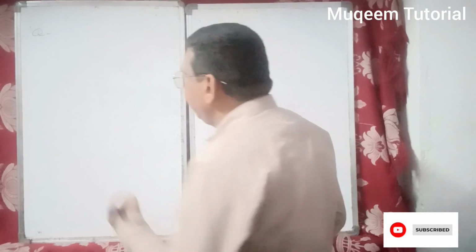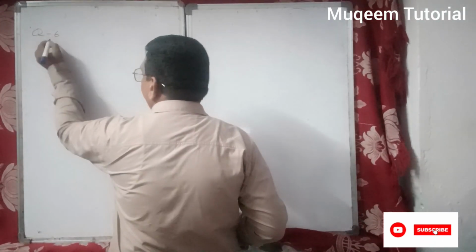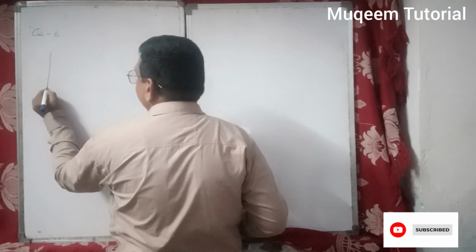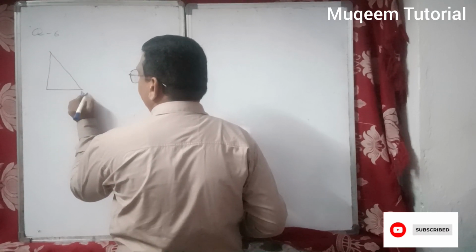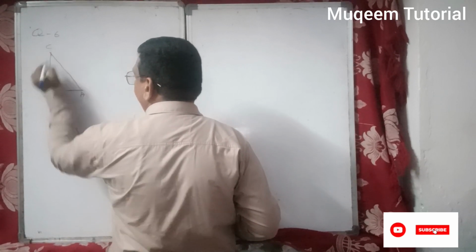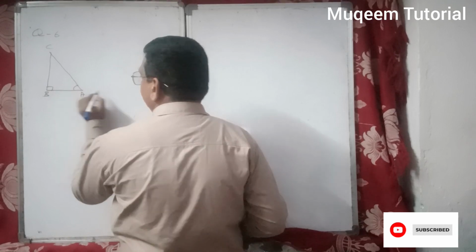For example, two triangles are there. Question number 6. One triangle is triangle ABC, with a right angle here.